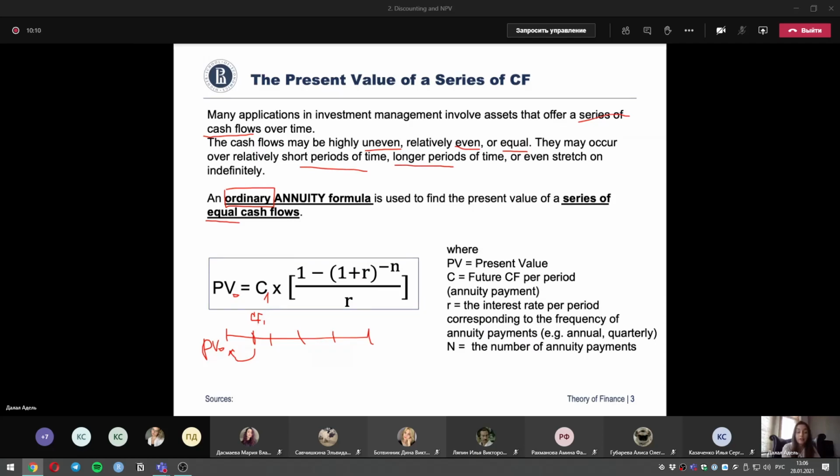However, if, for example, you have a task where a financial asset starts paying you in 1, 2, 3, 4, 5 years, so this first cash flow takes place in year 5, and you need to calculate the present value for today.